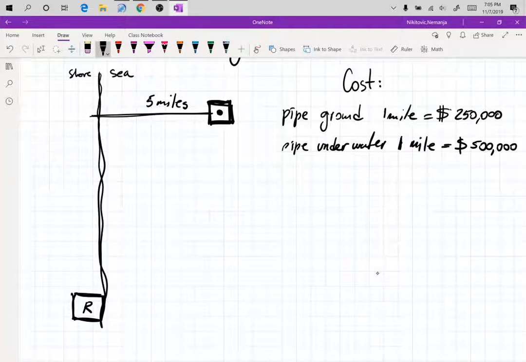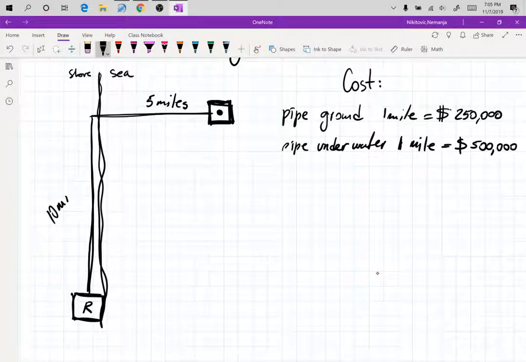So now you look at this and say, well, pipe underwater is twice as expensive as the pipe on the ground, so let's run the shortest distance underwater to the ground, and then run the rest on the ground, which makes that straight black line for the pipe to go from the oil rig to the shore, and then you run the pipe on the shore directly into the refinery. Let's say this is 10 miles over here. So you have 5 miles underwater, 10 miles on the ground.